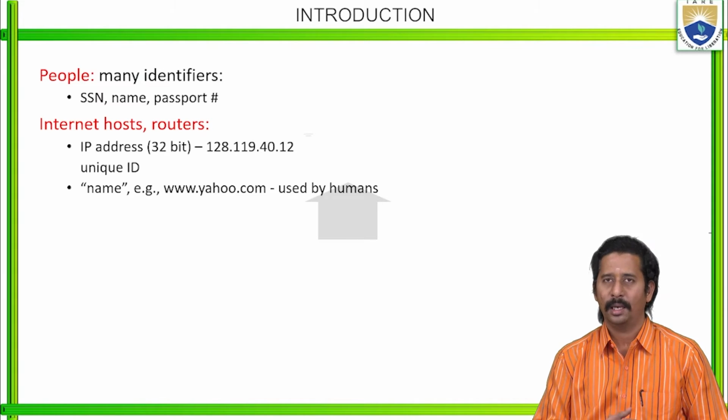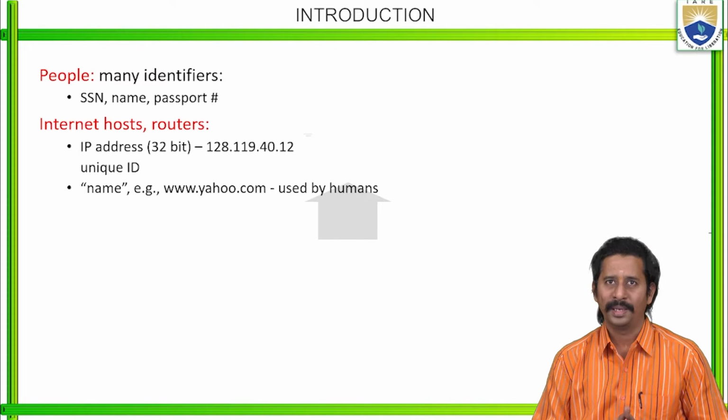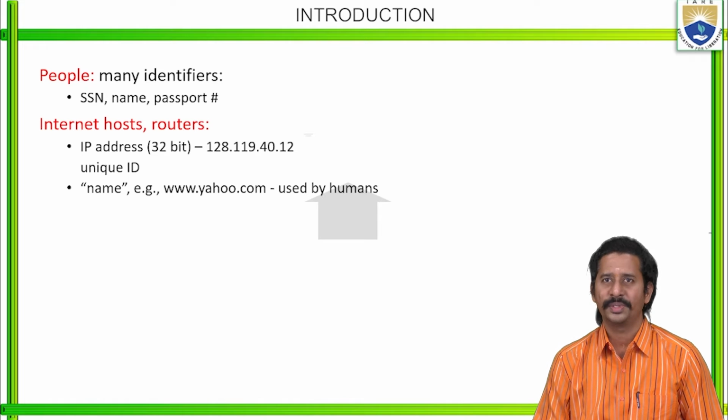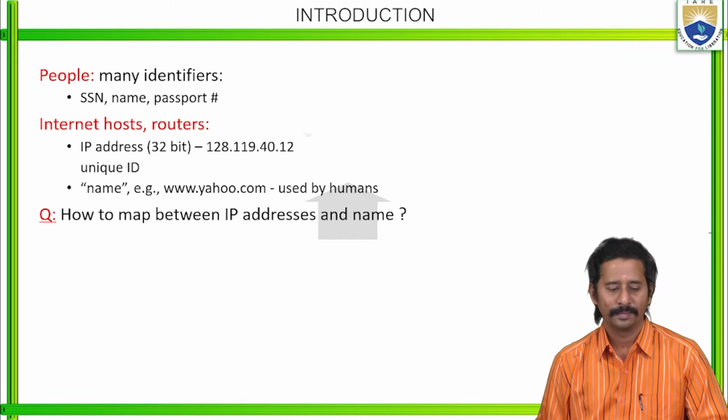Just like people, who have many identifiers like SSN, name, and passport, routers and internet hosts have one unique ID, the IP address. For example, www.iare.ac.in is generally used by humans.